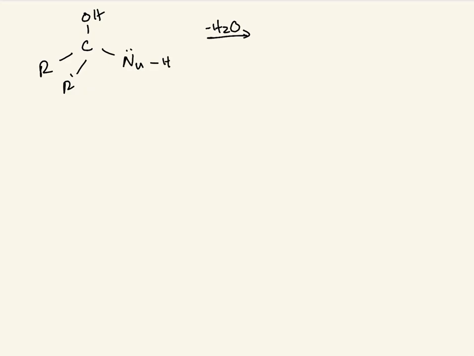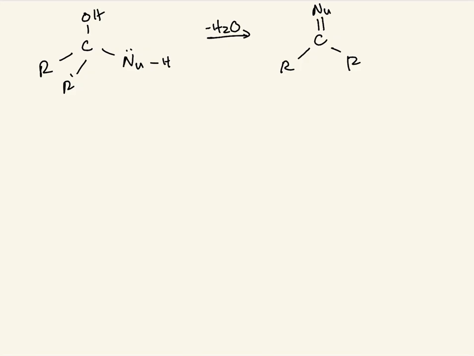When we lose water, if we count all the different atoms that we have here, we have one hydrogen, another hydrogen, and O. And so this goes through a structural rearrangement that then gives us something like this. So we've replaced the oxygen in our aldehyde or ketone with whatever the nucleophile is.